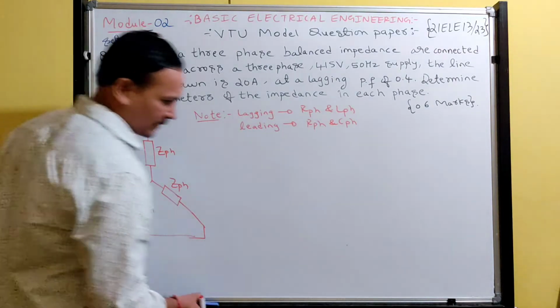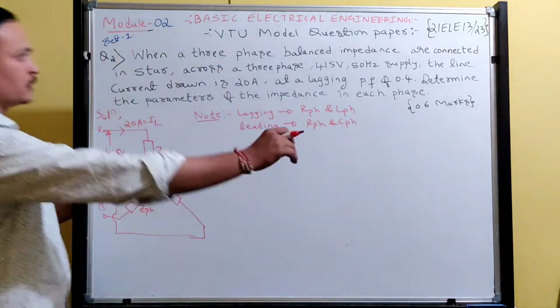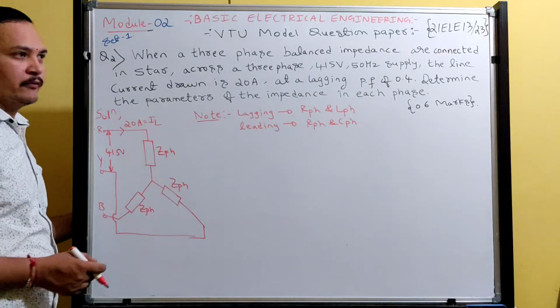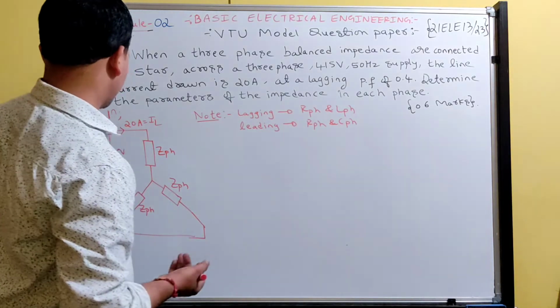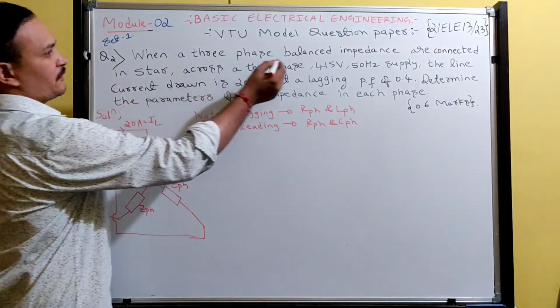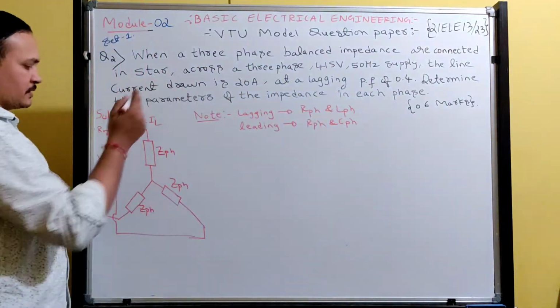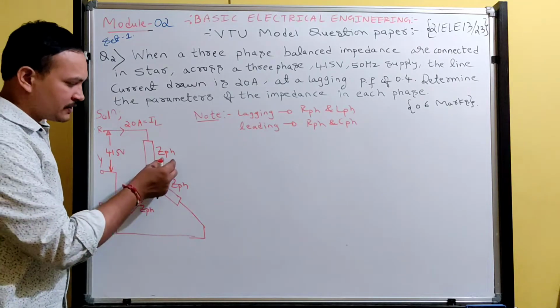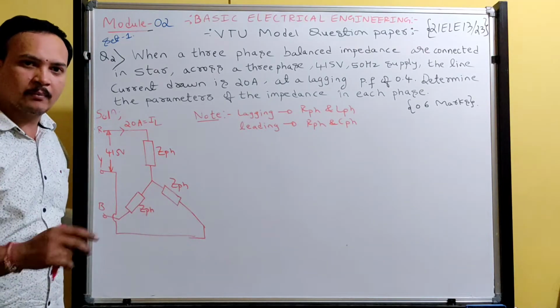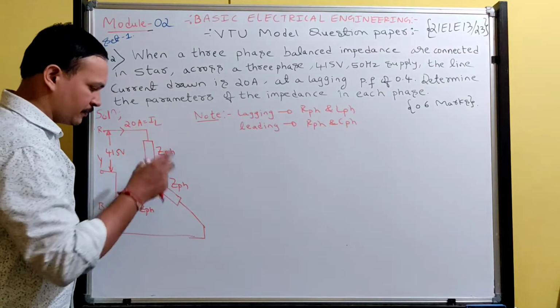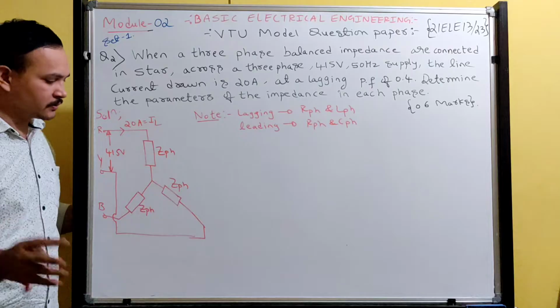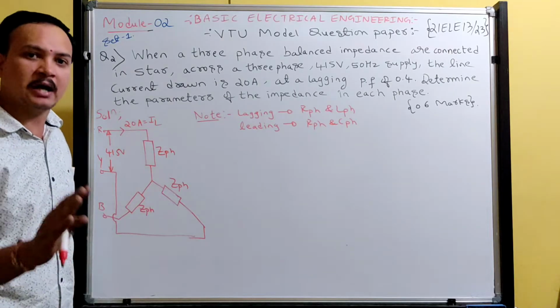Okay friends, now we can solve the second problem. This question was asked in set 1 of the VTU model question paper. Let me read the question. Three-phase balanced impedances are connected in star, so there is an impedance in each phase and all the impedance values are the same. Balanced means the values of these impedances are all the same; if they are different, it is unbalanced.